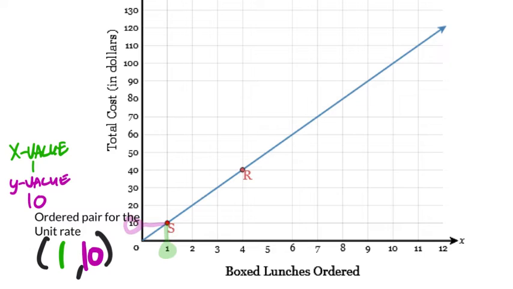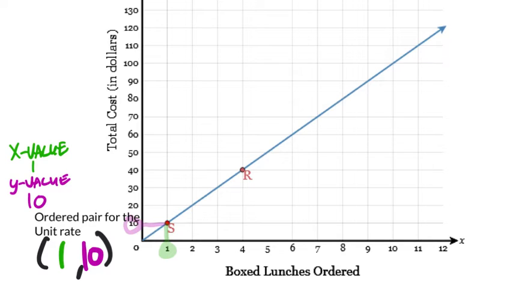Now, it didn't ask us to interpret this, but I'm still going to because what the heck. And on this one, since the axes are labeled, the x-axis is horizontal, the y-axis is vertical, I can just label these numbers. I'm looking for an x value, so I'm looking for a label on the x-axis. Boxed lunch is ordered, okay.